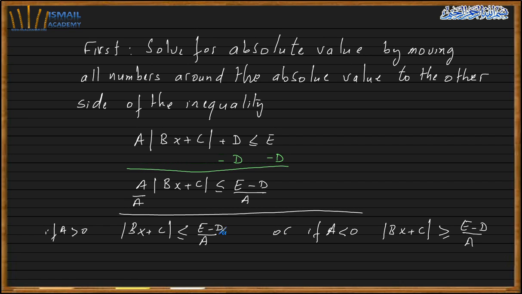Be very, very careful here. Many students see absolute value and they don't even read it. They just move on and open the inequality, and don't fall on this level.